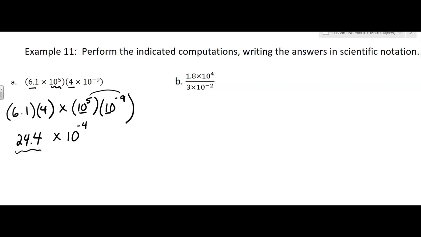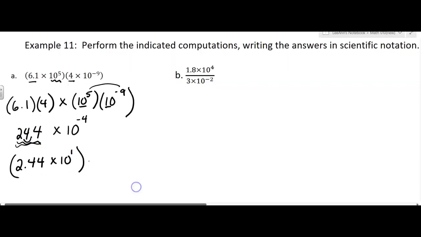So probably the easiest way to do it is think about, what would I like this number to be? I would like it to be 2.44 times 10. Now how much did I move it? I moved it one place, right? 10 to the 1st power because I moved it to the left. Times 10 to the negative 4th.